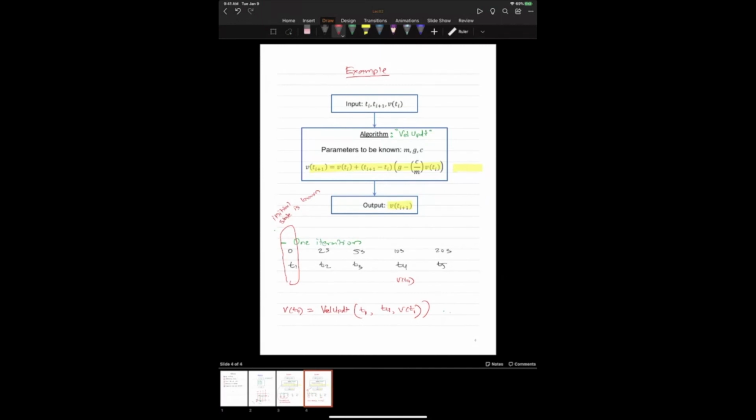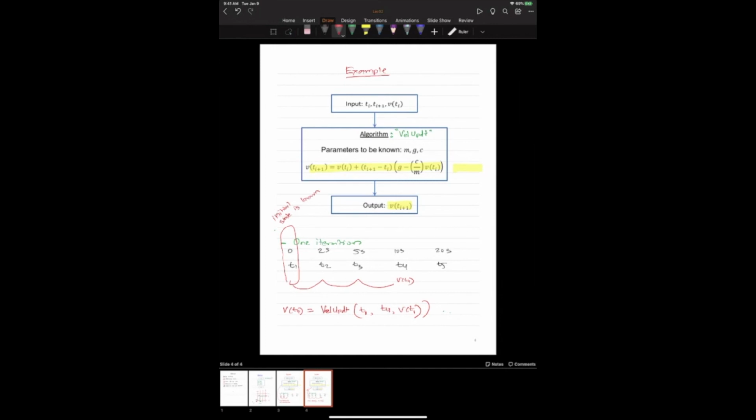Okay, yeah, there are a lot of questions. As I said, this is a new concept. So what I'm trying to get at is, even though we have these time steps, there are two ways to compute the velocity at time 4.